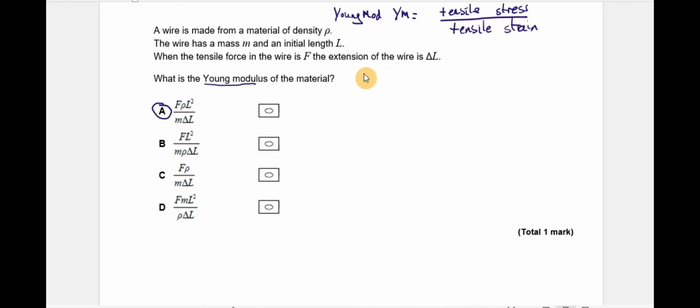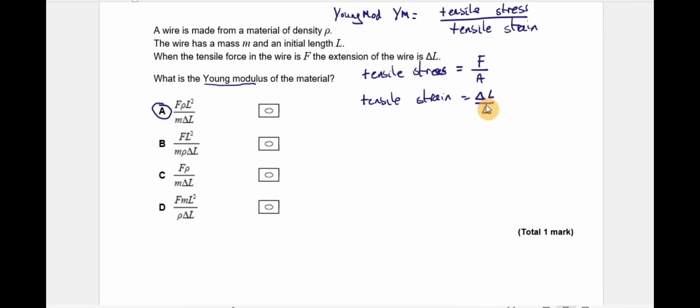We also know that the tensile stress is equal to the force on the wire over its cross-sectional area, and the tensile strain is given by the extension, delta L, over the initial length.